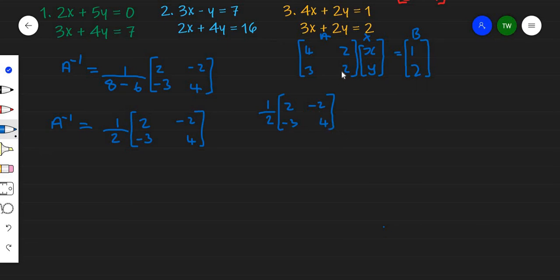So it's the inverse times A, which is going to be 4, 2, 3, 2, and it's going to be xy, equal the inverse times B, so it's going to be 1 half, 2, negative 2, negative 3, 4, times the matrix B, which is just 1, 2.